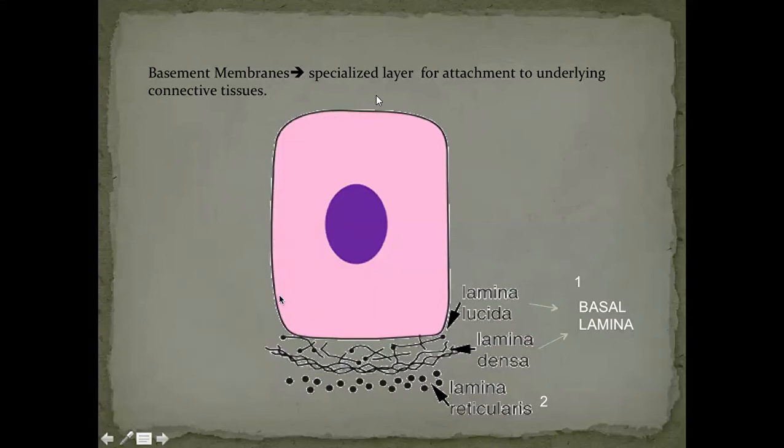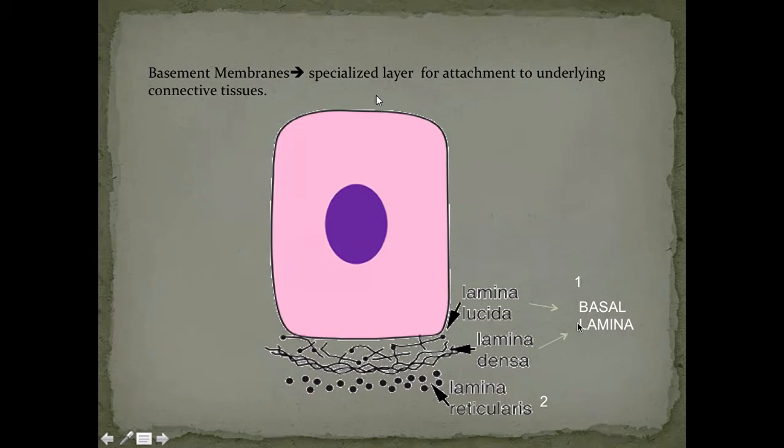So this is one cell, this is the basement membrane, and this is the connective tissue here. If you look at the basement membrane under an electron microscope, it is not only a very simple membrane. It is made up of layers.